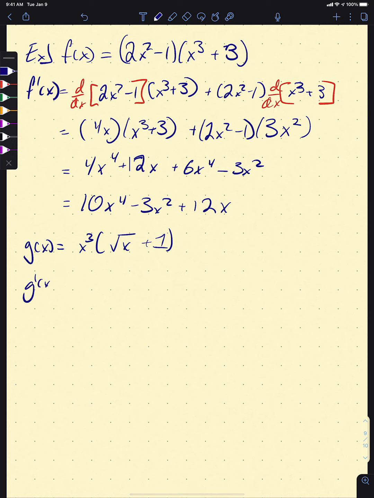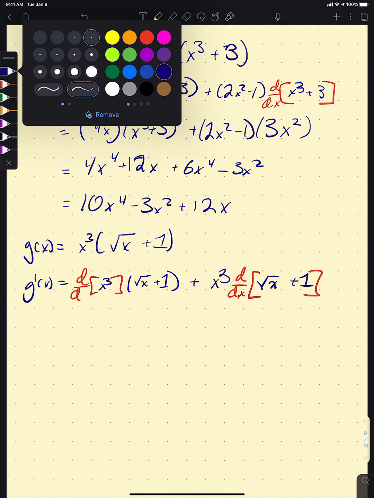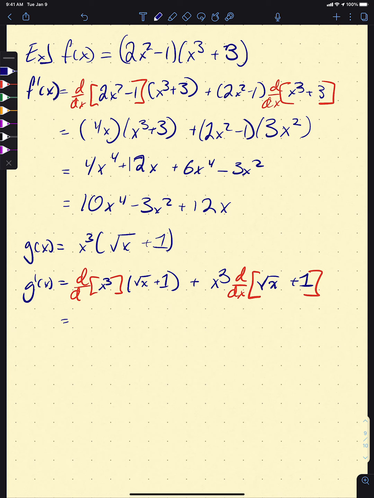Once again, if we want to calculate g prime of x, we need to take the derivative of the first, being x cubed, times the second, plus the first, which is x cubed, times the derivative of the second, the square root of x plus 1. Working this out, we see that the derivative of x cubed, we've seen this before, is 3x squared times the square root of x plus 1.